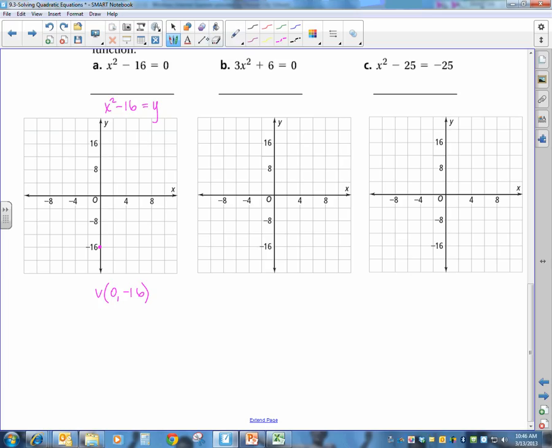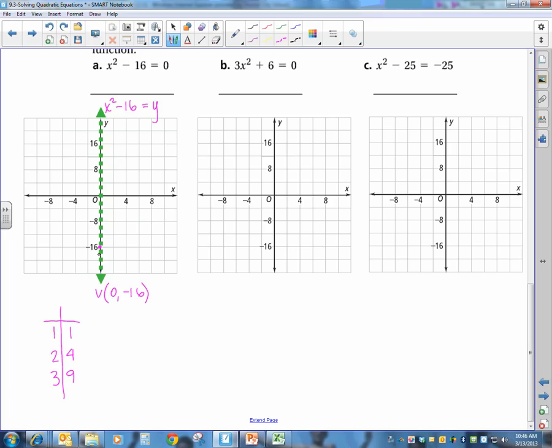We also remember that our axis of symmetry goes through our vertex. So that's my axis of symmetry. And from there, we had our key points, which were 1, 2, 3: 1 squared, 2 squared, and 3 squared.